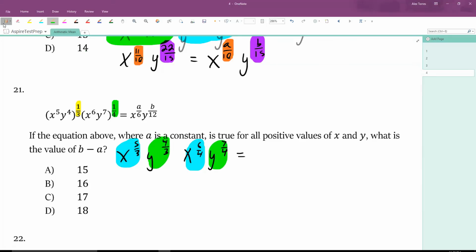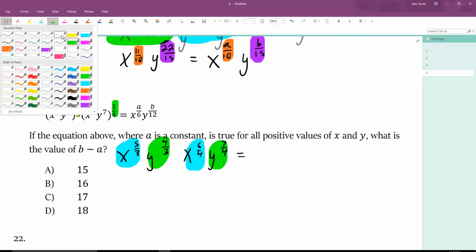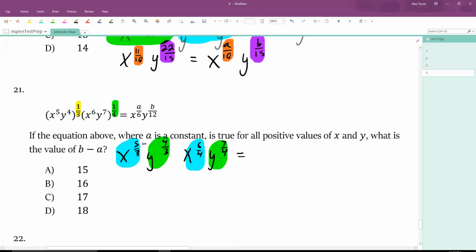So we can multiply the first x by 4 over 4 and the second one by 3 over 3. And we can multiply the first y by 4 over 4 and the other one by 3 over 3. So now we're going to have x to the 20 over 12, and putting this one next to it, x to the 18 over 12.